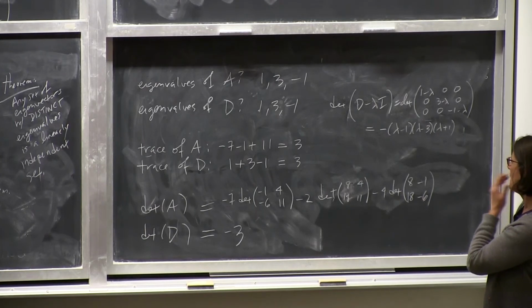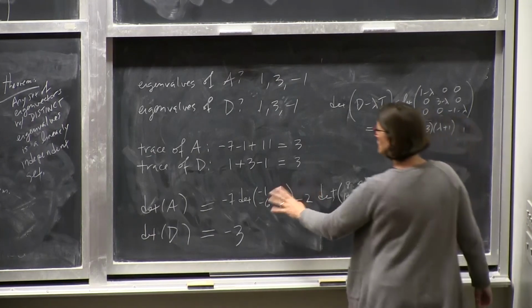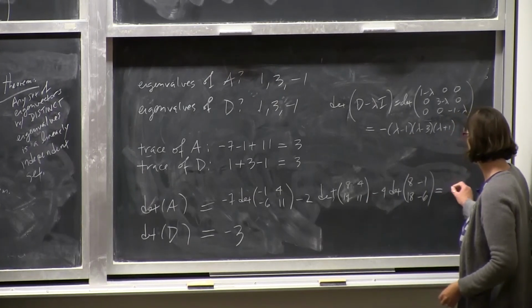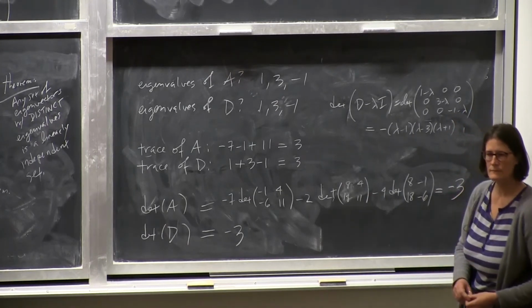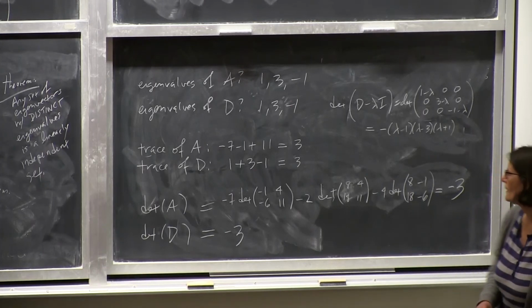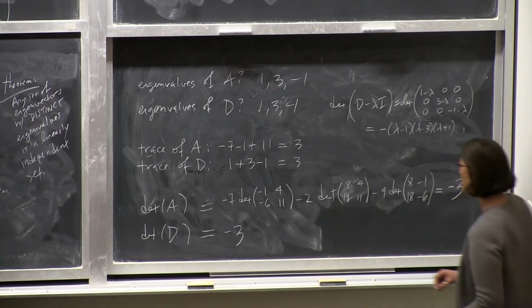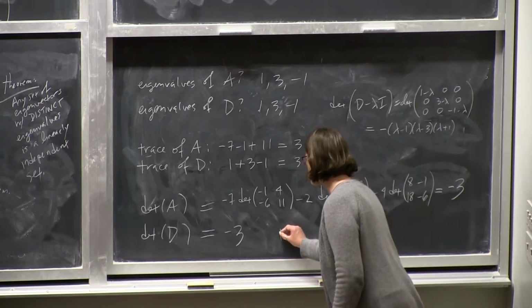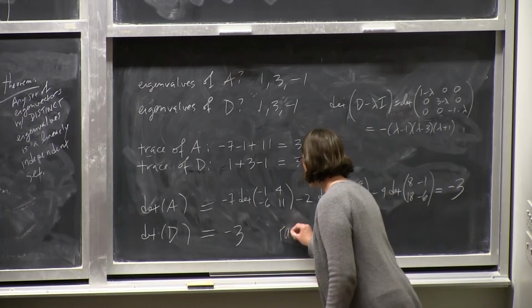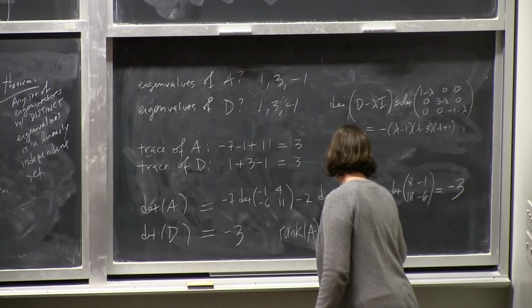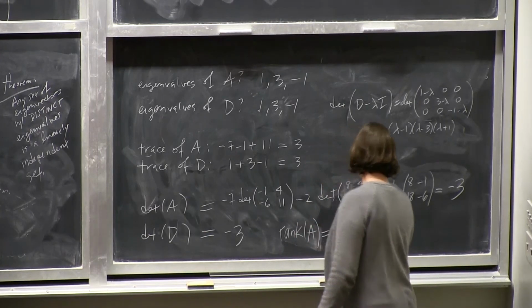Yep. And you would compute those 2x2 determinants, and you would do some calculations. And you know what you'd end up with? Minus 3. This is not a coincidence. This is a theorem. And in fact, there's a further part, which is that the rank of A equals the rank of D.